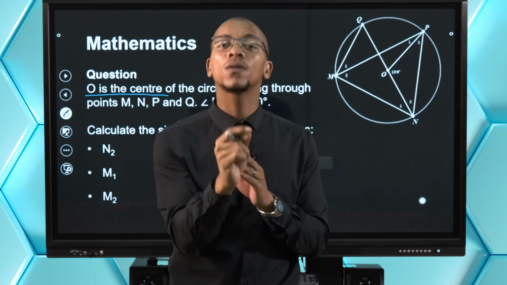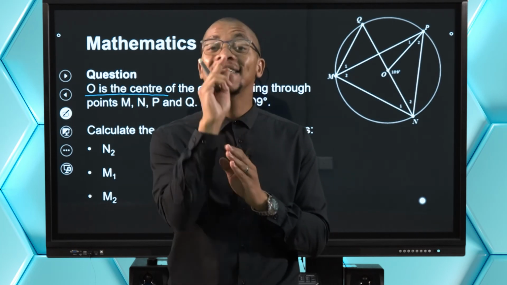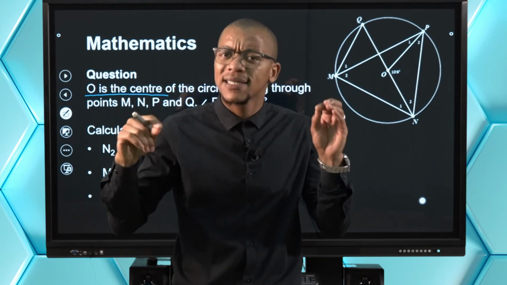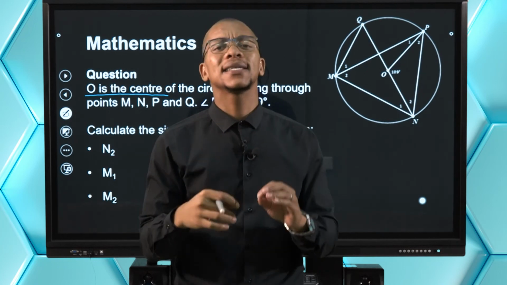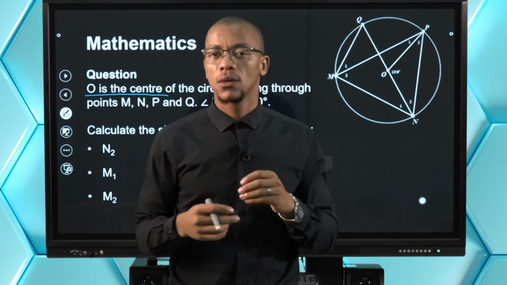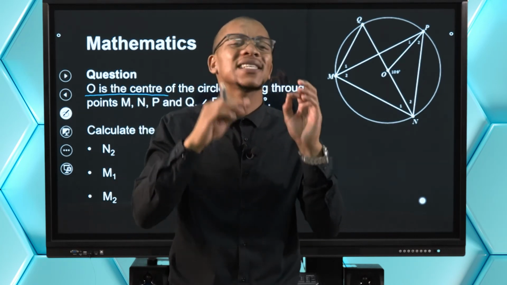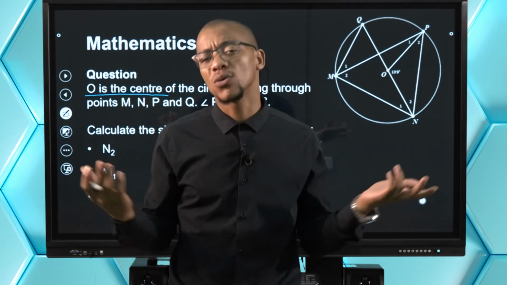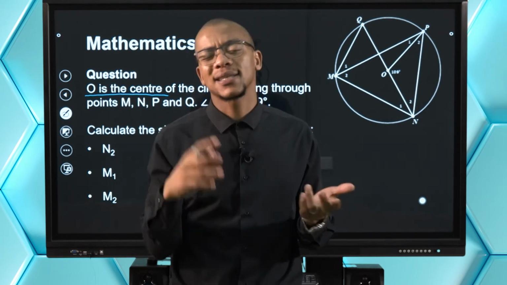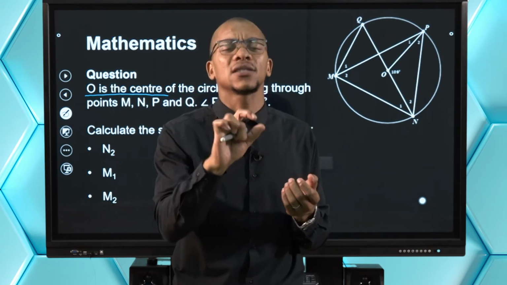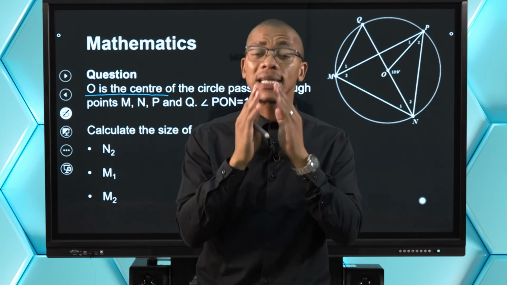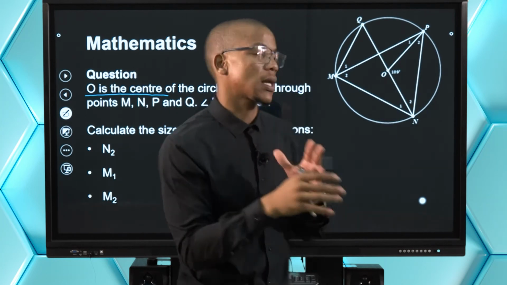I need to vividly and clearly state for you that O is the center. Or I can say circle center O, or circle O. If I say circle O, it means O is the center. We normally use O most of the time to represent the center, because it's like the origin. So O, origin, right? But you need to be told that it is the center, so please note that.